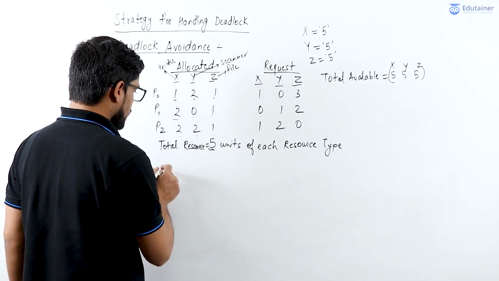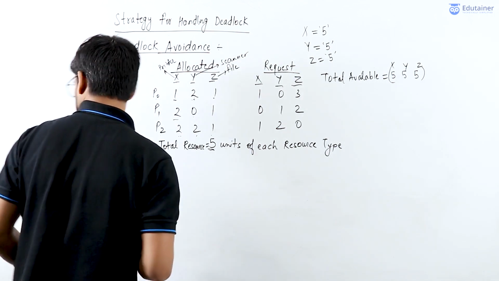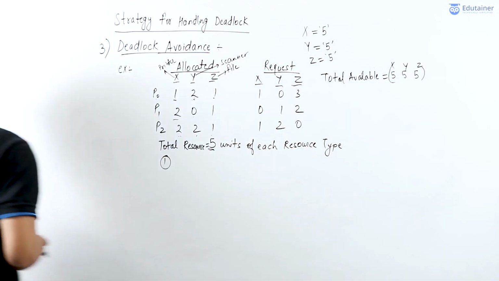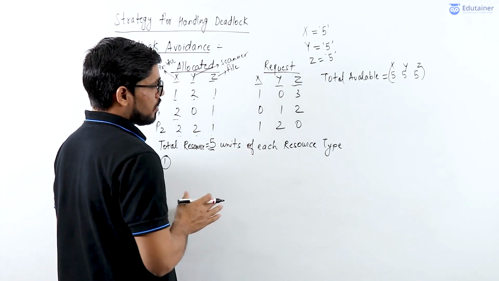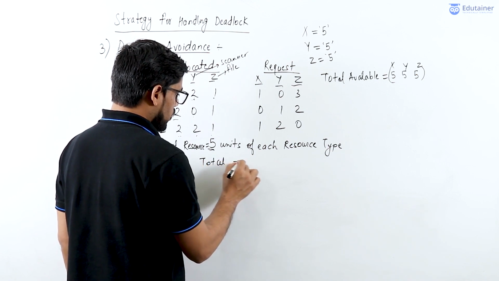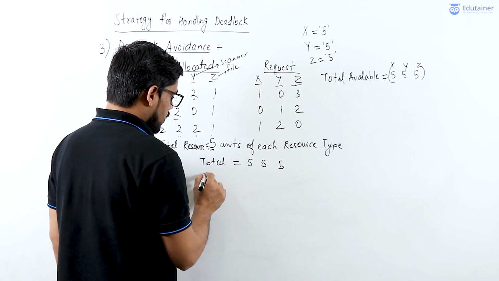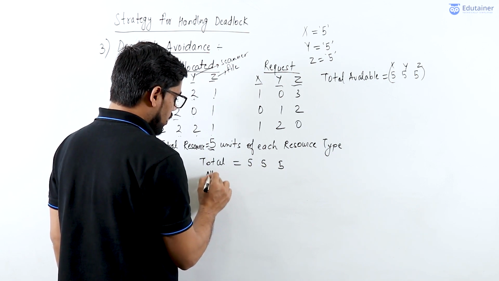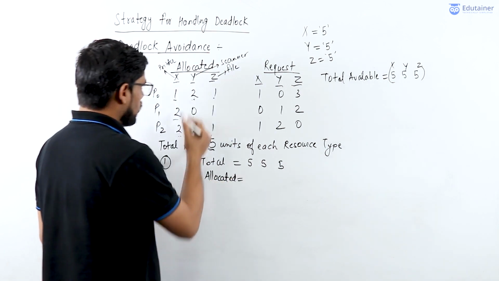Now the first step to solve this problem is to find the currently available resources. So the total is given as 5, 5 and 5, and we need to see how many of them are allocated.